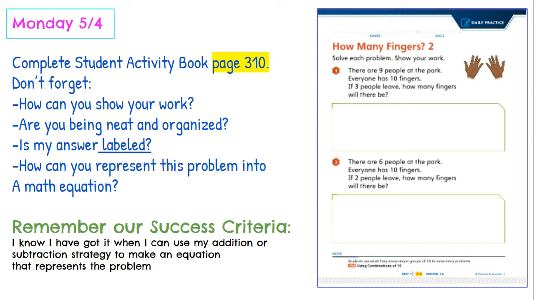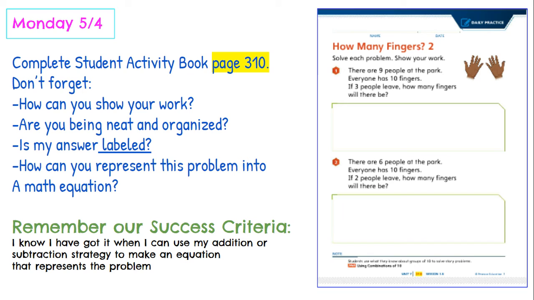Are you being neat and organized? If the teacher looked at your paper, could she tell exactly what you were writing? You always want to do your best first grade work. Is my answer labeled? Sometimes that makes it easier for the person looking at your work to find the final answer.